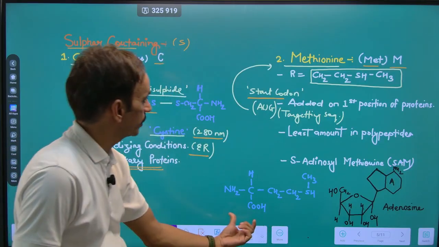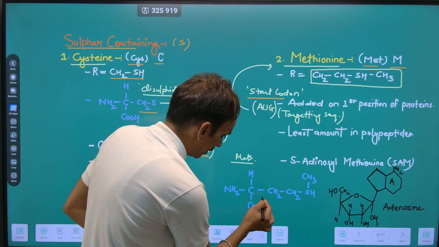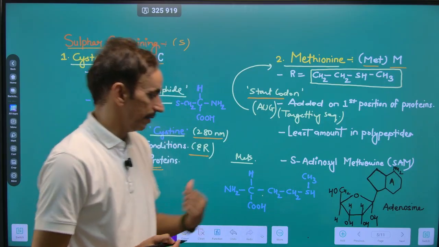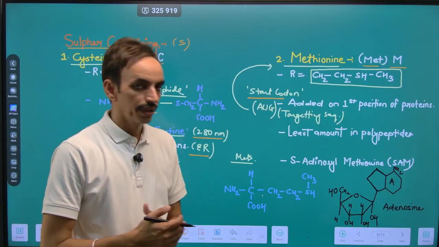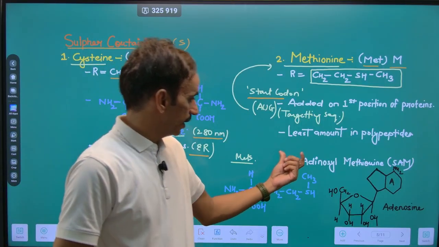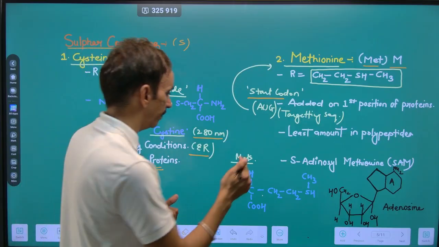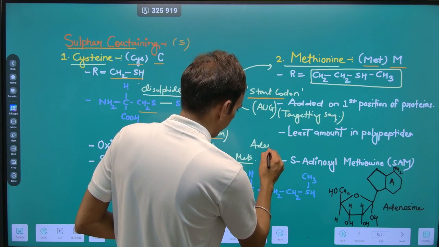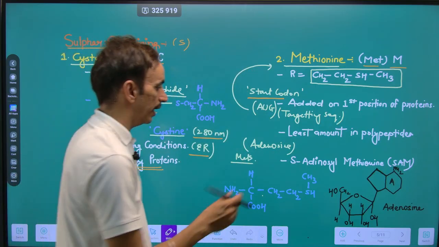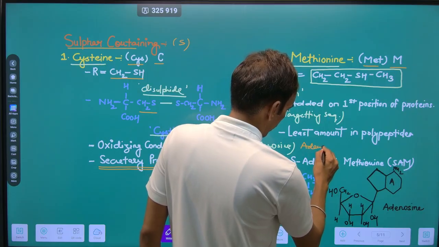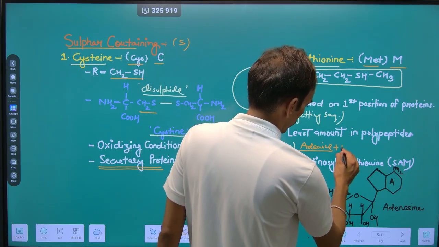Now this is the structure of methionine. लाइक यहां तक आपका फ्रेमवर्क स्ट्रक्चर, और इसके आगे आपका जो आपने ग्रुप यहां पे बनाया है वो आपने ऐड कर दिया. सो दिस इज द स्ट्रक्चर ऑफ methionine. If this methionine gets the addition of adenosyl group, we can say if there is an addition of adenosine. Adenosine is a nucleoside which includes the adenine, a nitrogenous base, plus a pentose sugar.